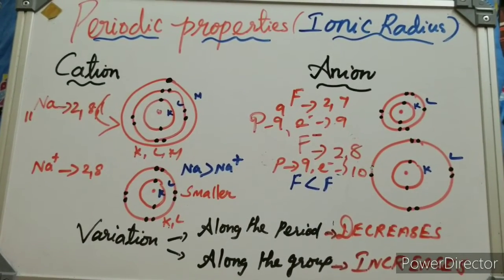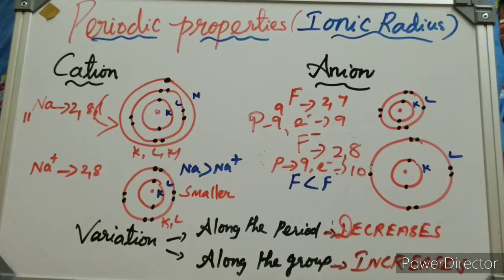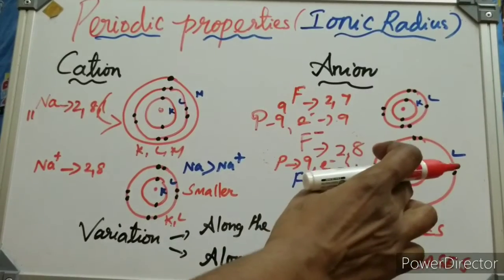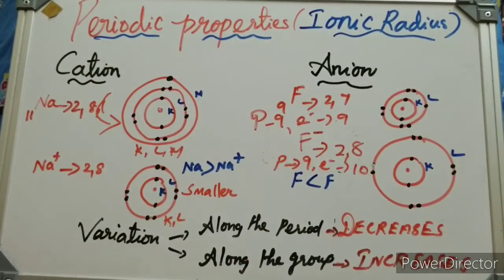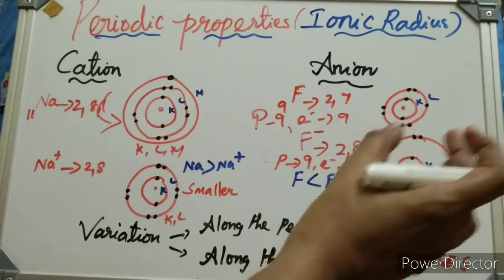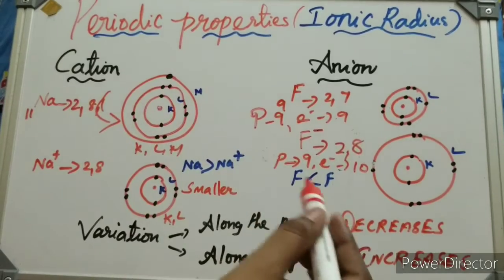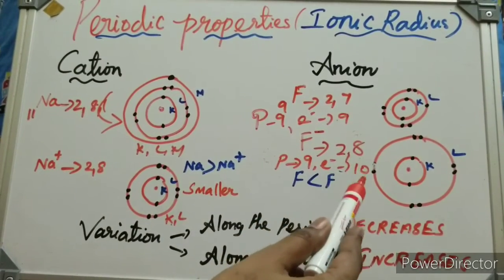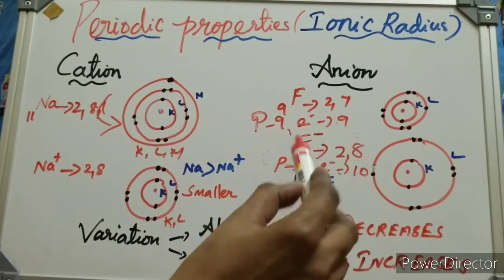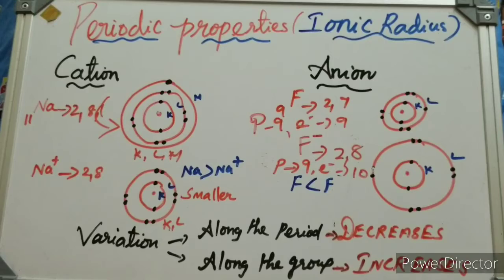So compared to the neutral atom, in the anion the electron number increases relative to the proton number. Only 9 protons are in the nucleus, so the 9 protons are not able to attract all 10 electrons. So there is a much weaker force of attraction between the nucleus and the valence electrons in the anion because of the increased number of electrons.